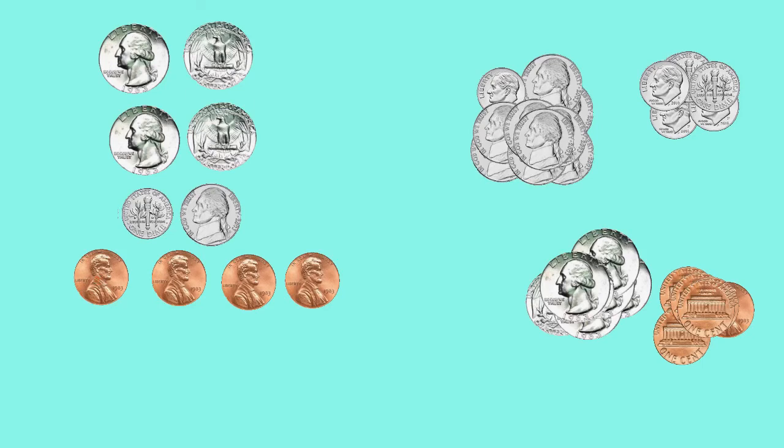So we're going to go ahead and count the money starting with the highest valued coin first. Everyone, let's count together. Get ready. 25, 50, 75, $1, 10, $1.10, $1.15, $1.16, $1.17, $1.18, $1.19.